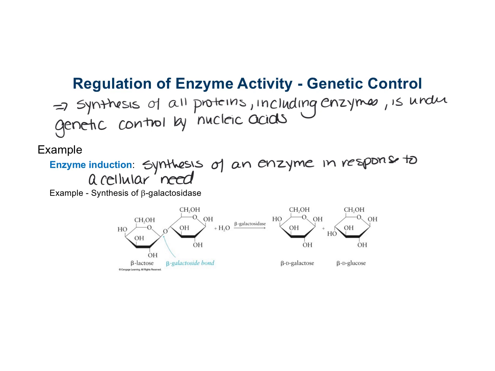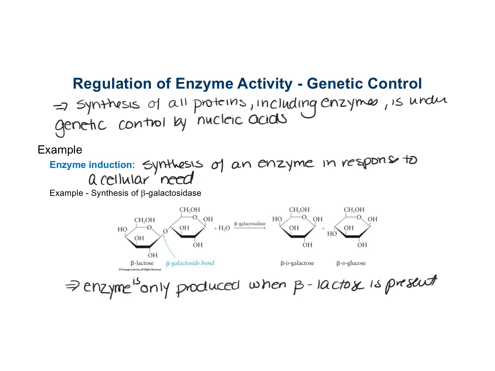Okay? So basically, the enzyme is only produced when lactose is present, right? So the biological significance of the genetic control of the enzyme activity is that it allows an organism to adapt to its environmental changes.